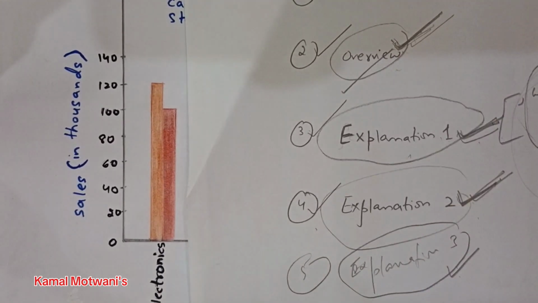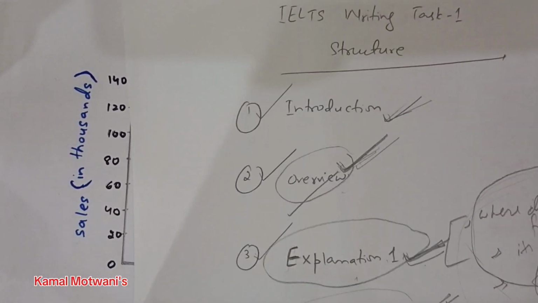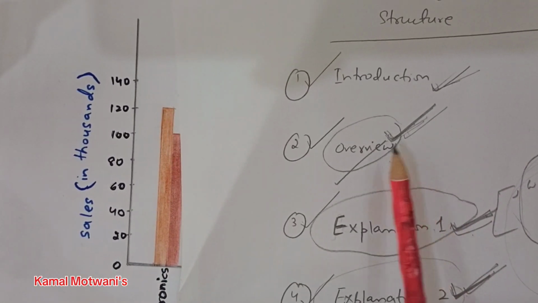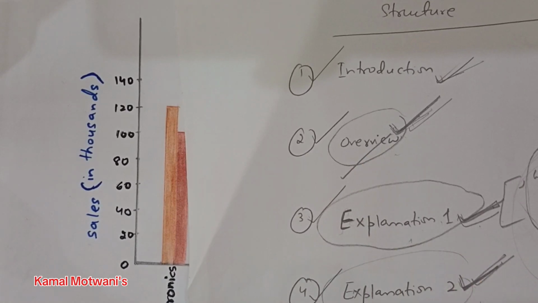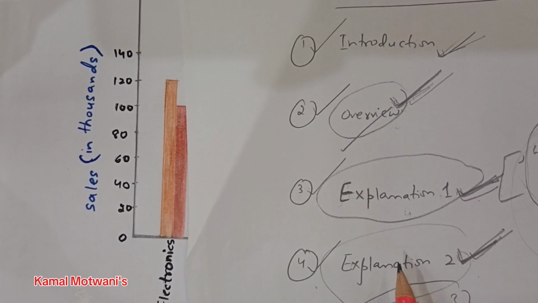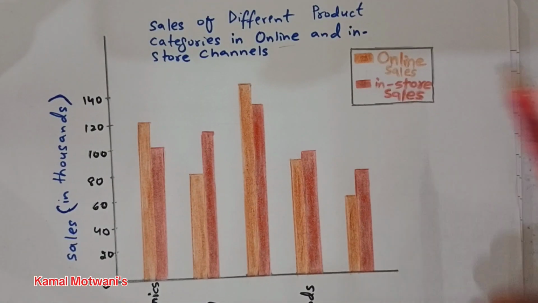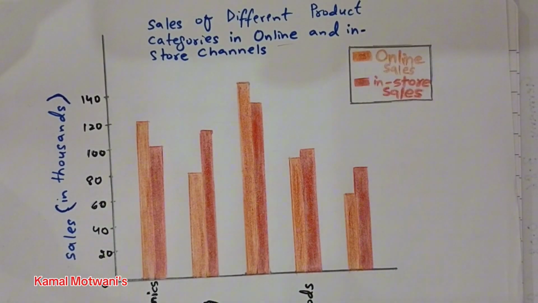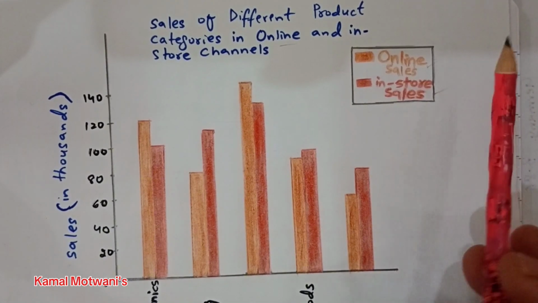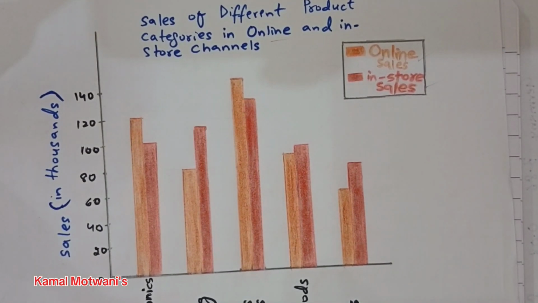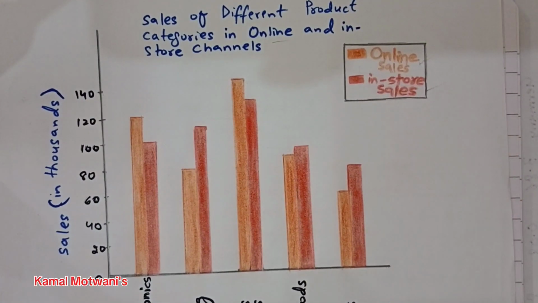So just look at this. Now we will write the introduction. First we will write the introduction, then an overview, then explanation 1 and explanation 2. Why? Because here we have two specifications. This bar chart is particularly about online sales and in-store sales. So there will be two paragraphs for their explanation, online sales and in-store sales.